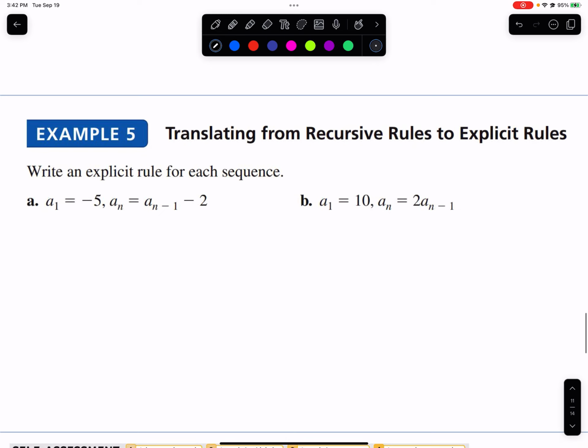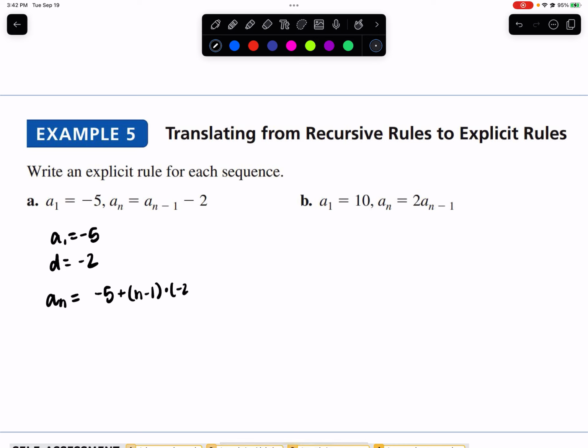All right, example 5, if we're going from recursive to explicit. If my first term is negative 5 and I am subtracting 2 each time, that means that a sub 1 equals negative 5. I guess I wouldn't need to write this again. But if I'm subtracting 2 each time, that means that I've got a common difference of negative 2. So my explicit rule is a sub n equals my first term, negative 5, plus n minus 1 times my common difference, negative 2.